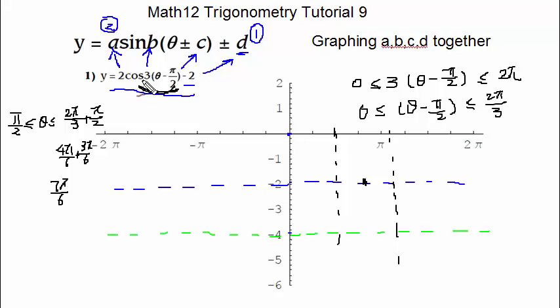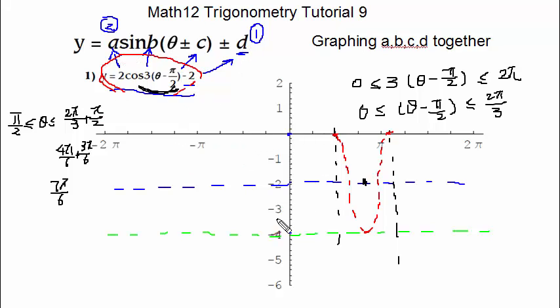The cosine function shape starts from the top here, goes down to reach the minimum, and then goes up to reach the maximum. And done. That is our graph here. Everything is taken care of, with all the A, B, C, D handled correctly.